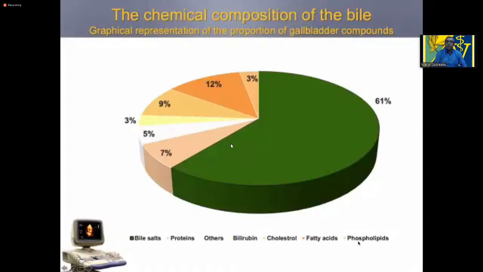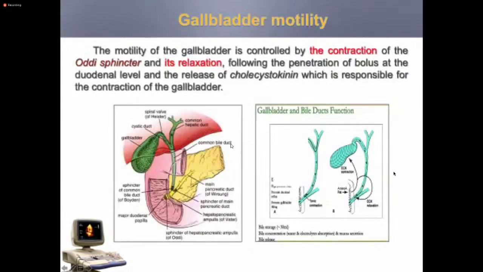Regarding the composition of the bile, we have in this chart the graphical representation of the proportion of gallbladder compounds. It's important to notice that the bile salts, in addition to protein, bilirubin, and cholesterol, are the main components of the bile secretion.